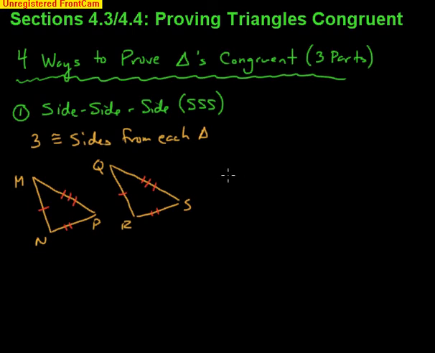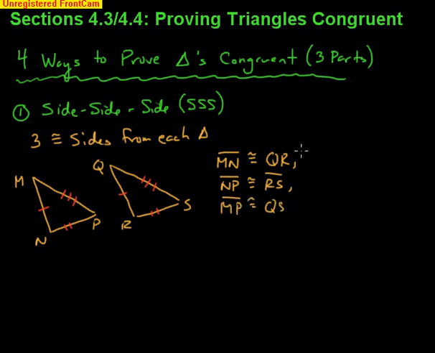So here, what we would say is, we'll list it out: segment MN is congruent to QR. We know that segment NP is congruent to RS. And we know that segment MP is congruent to QS.